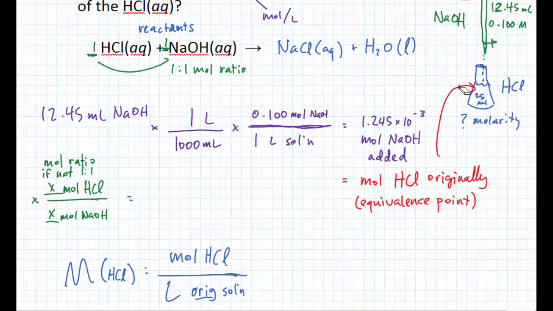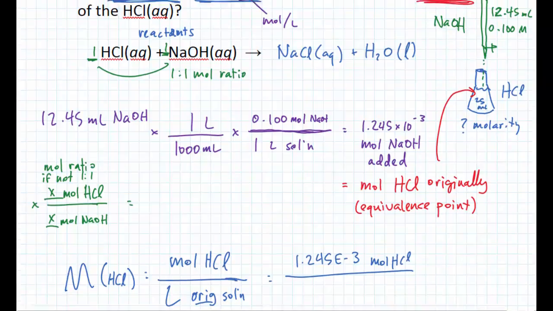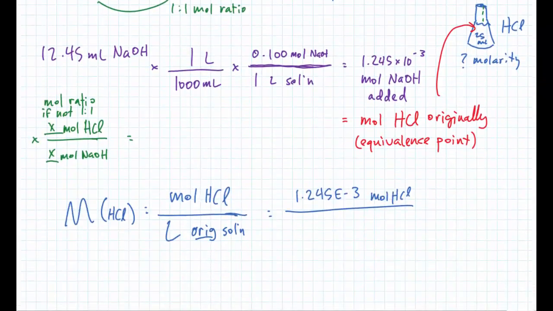We calculated how many moles must have been dissolved in there, but we divide that over how many liters the solution has to calculate its concentration. So 1.245 times 10 to the minus 3 moles divided by what? Yep, 25.0 converted into liters, right?